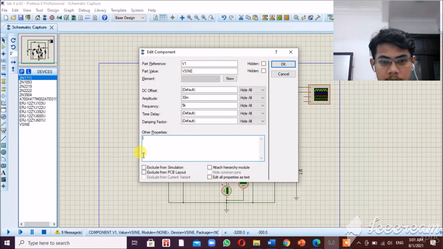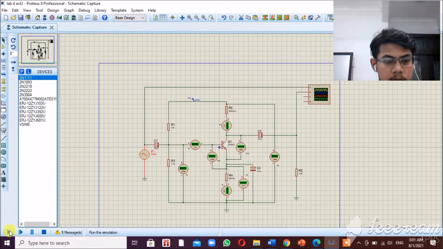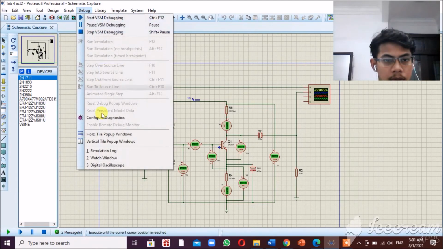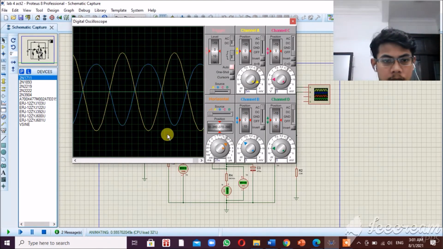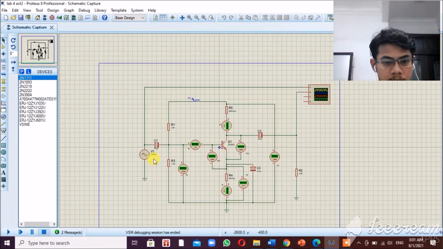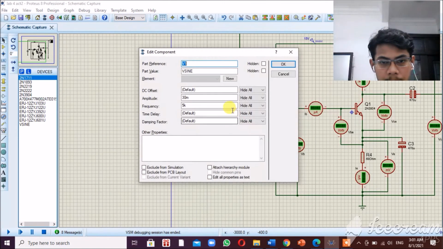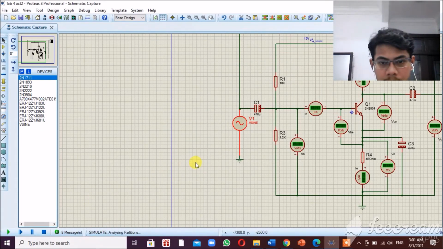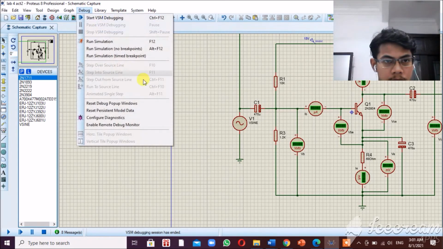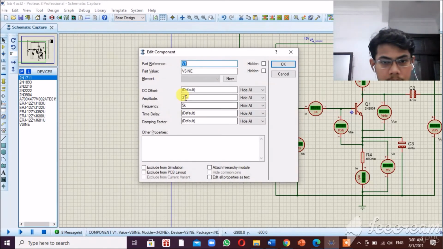So first of all, I set up 30 millivolt for V peak. So let's try, and there is no clipping yet. Let's try with 31. Also, there's no clipping yet. Let's try 32.